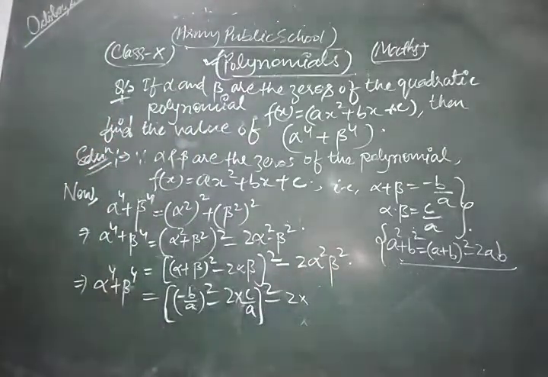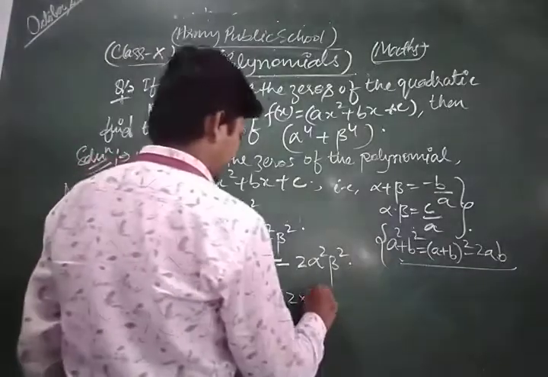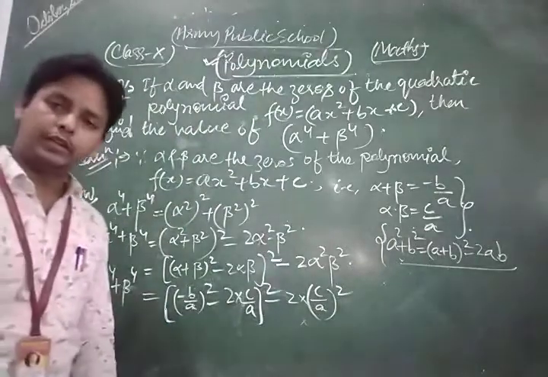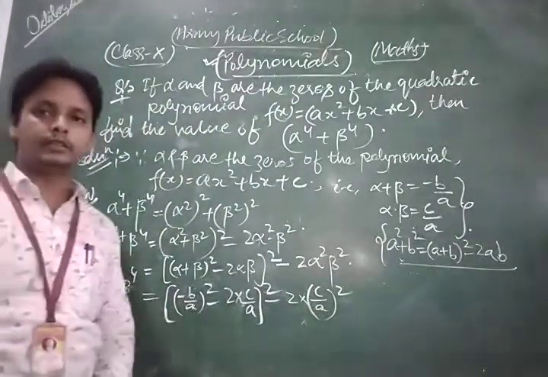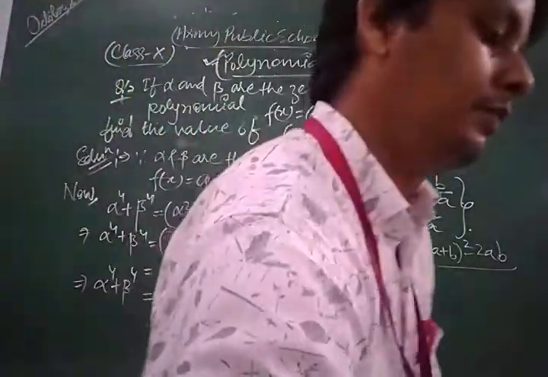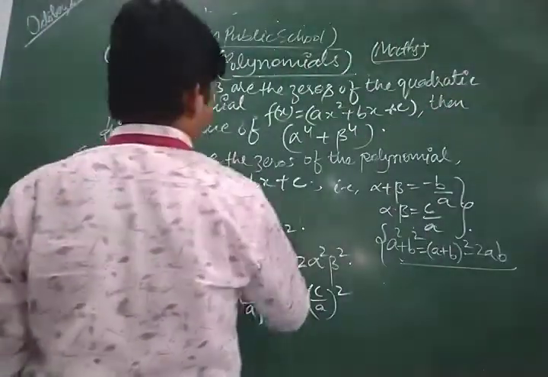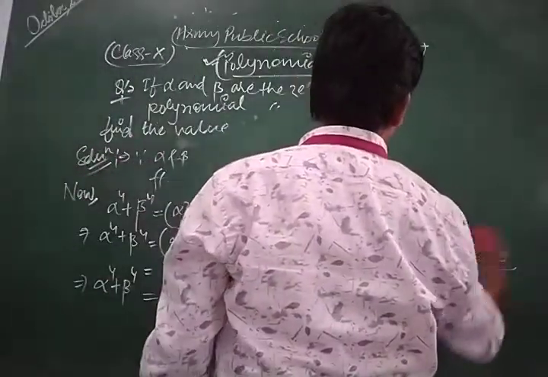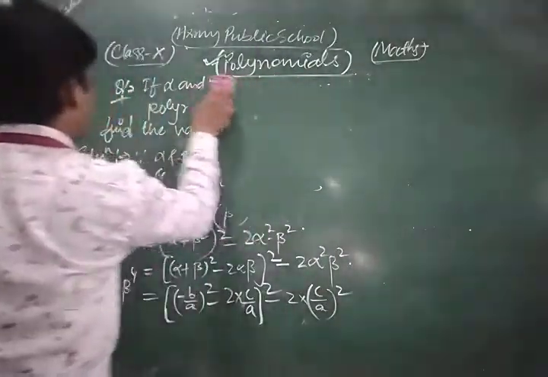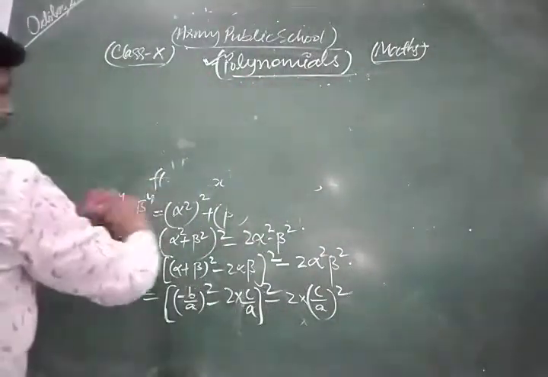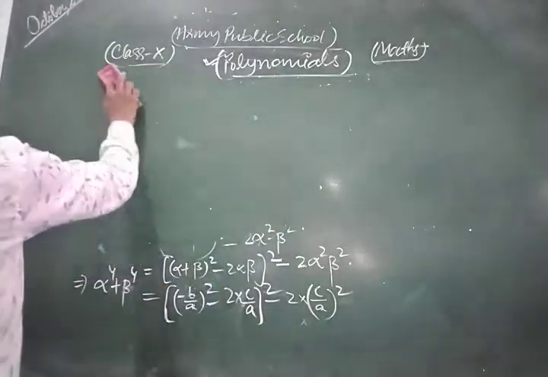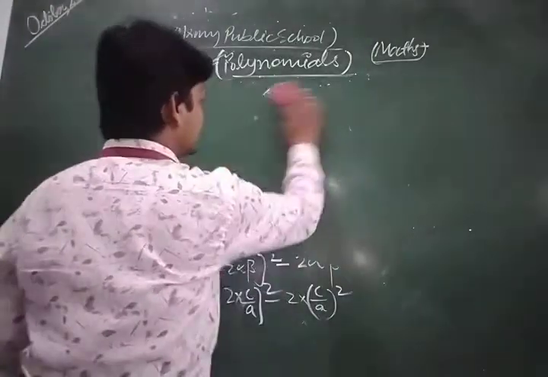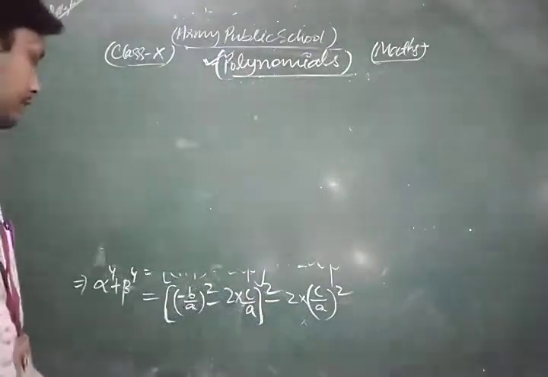Alpha square beta square means we can write alpha beta whole square, and the value of alpha into beta is c upon a, so c upon a whole square. Now we expand it and we find the value.